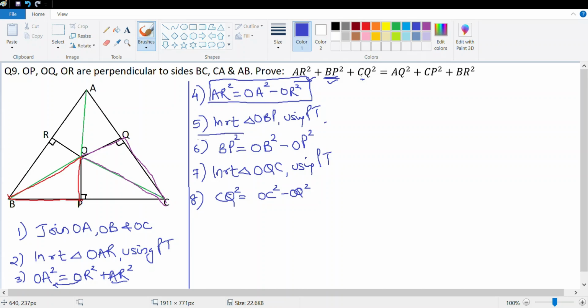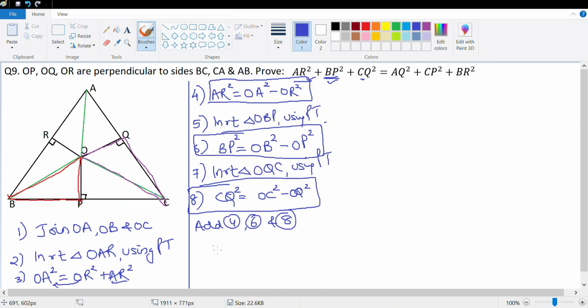Let's just write them together. So let's add them together. So add 4, 6 and 8 and we get point number 9, which is equal to left hand side, which is AR square plus BP square plus CQ square, which is equal to OA square minus OR square plus OB square minus OP square plus OC square minus OQ square.